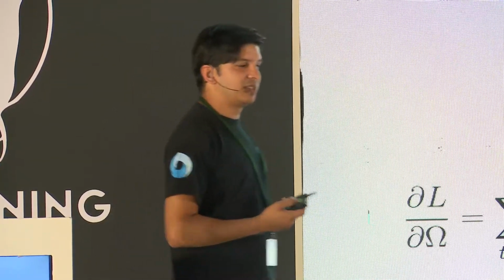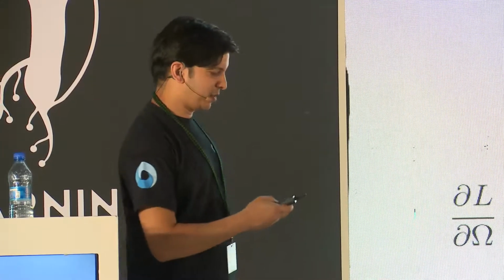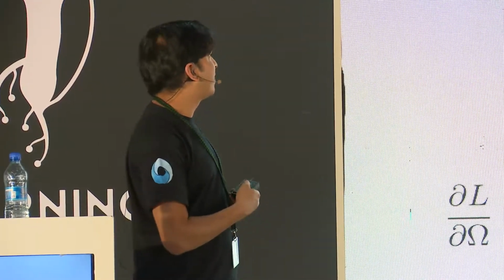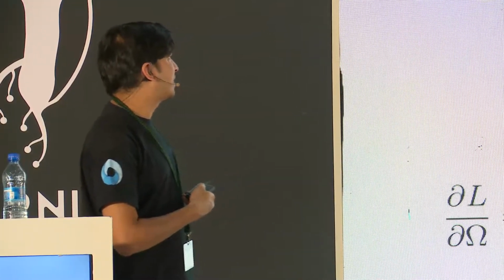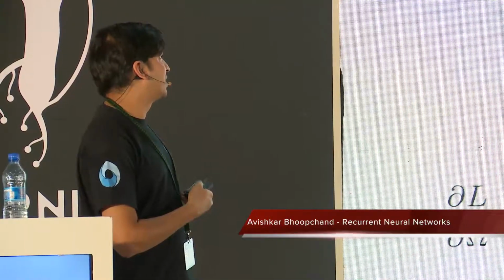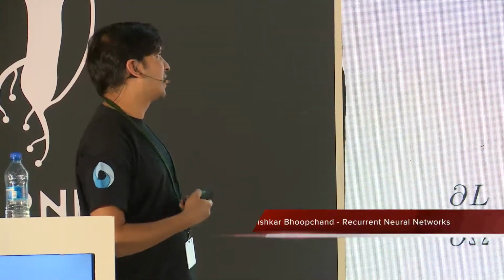Now, in order to do backpropagation and gradient descent, we need to compute gradients, or derivatives, right? So we need the derivative of our total loss with respect to the weights, which we collect in omega.